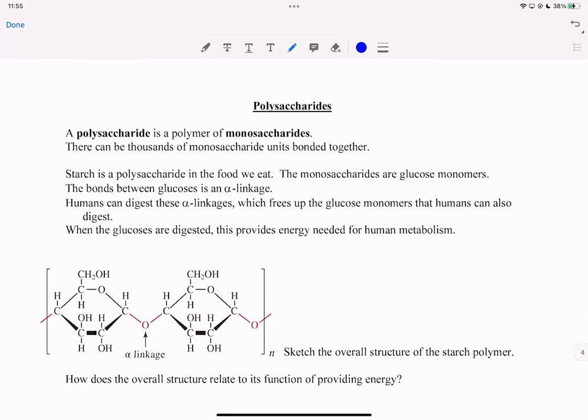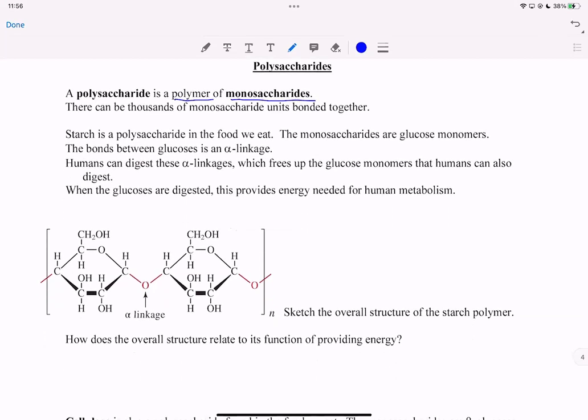So let's take a look at these polysaccharide structures. A polysaccharide, as the name implies, is a polymer of monosaccharides. The monosaccharides are those individual single ring structures. You can have hundreds of those monosaccharides bonded together.